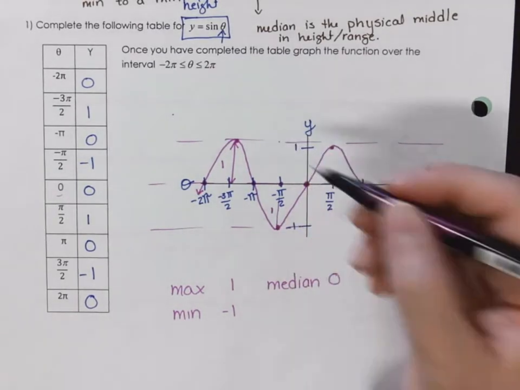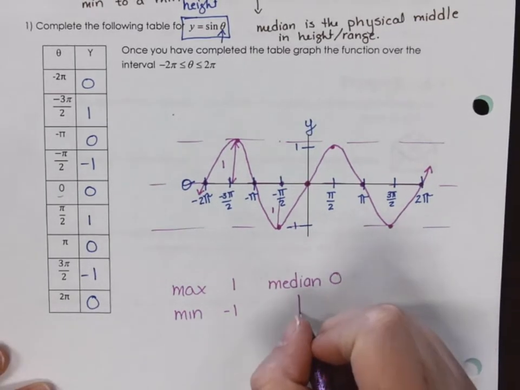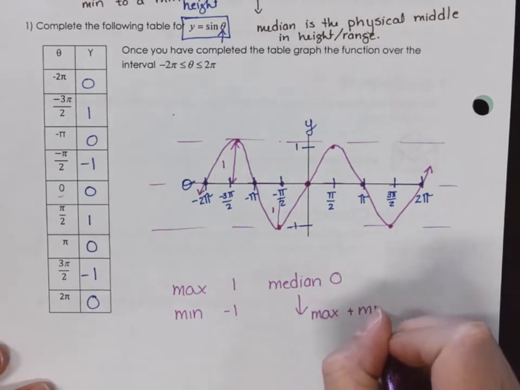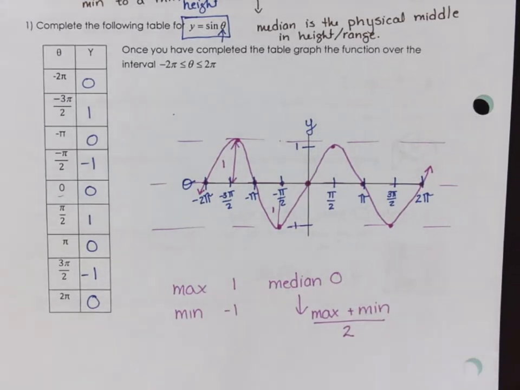And this tip will be at the same height as that one, right? That's what your median is. If you're unsure where your median is, you can use some math to find it. So sometimes, like this one's really nice and easy, you can see it.